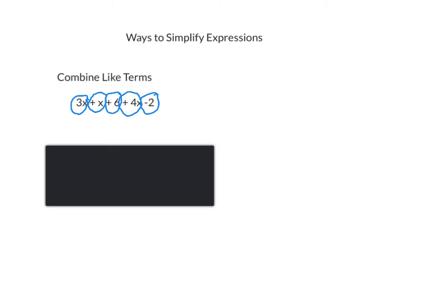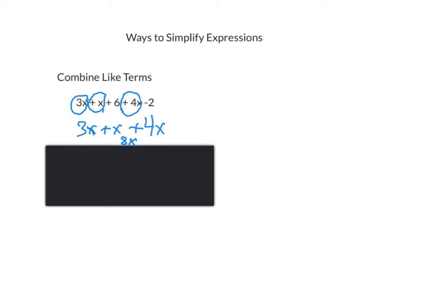Now I can only combine things that are similar. So I have 3 x terms here that I have now circled all in blue. 3x plus x plus 4x. 3x plus another x plus 4x would be 8x.